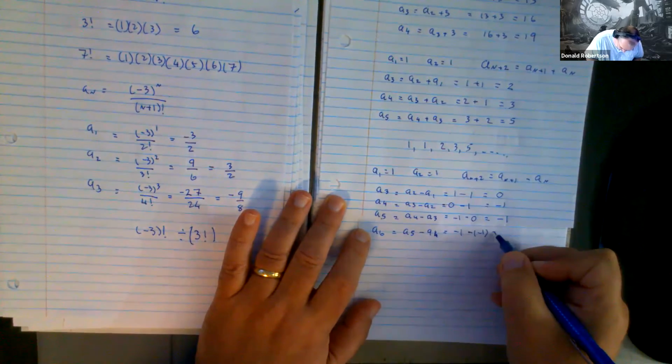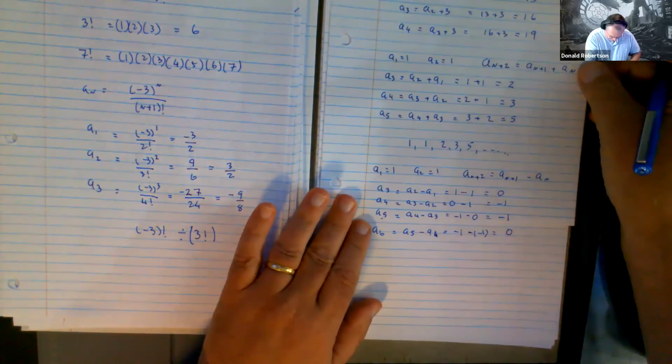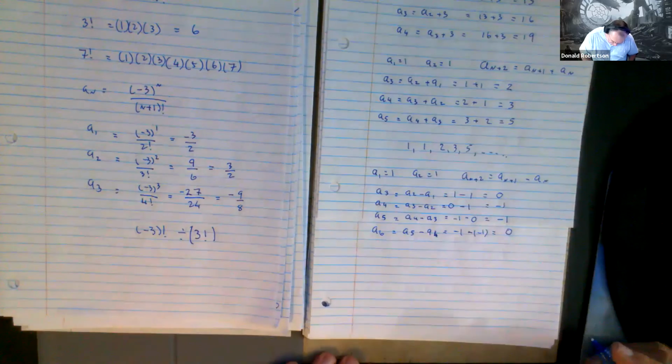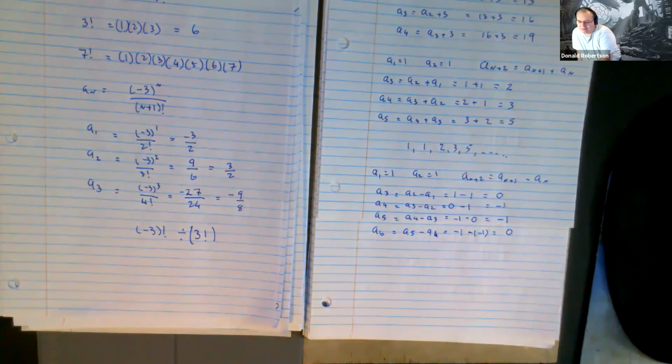Oh, equals 0. Oh, what a boring sequence. I've got a feeling this sequence just bounces between zeros and -1s. Maybe some 1s occasionally. Nowhere near as interesting as Fibonacci, but hey, it's my sequence, so I'm keeping it.